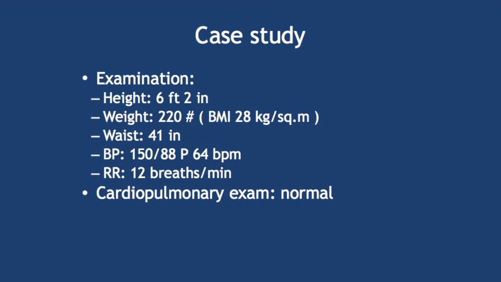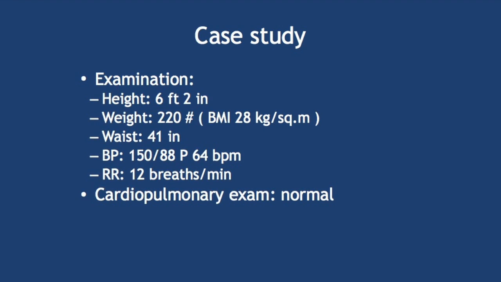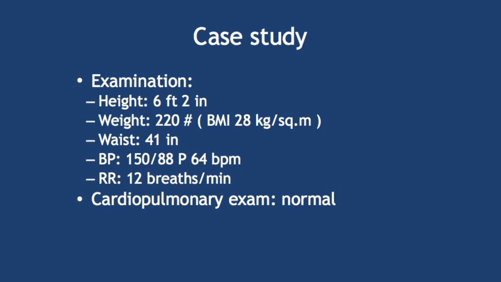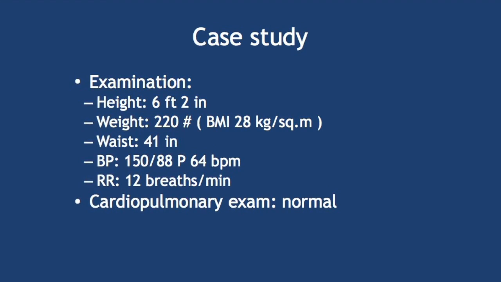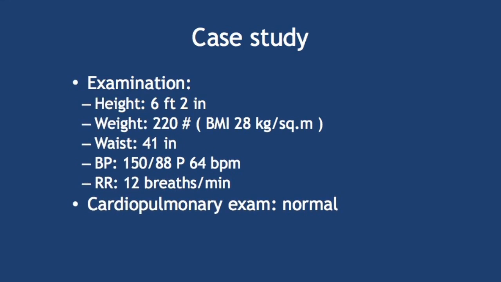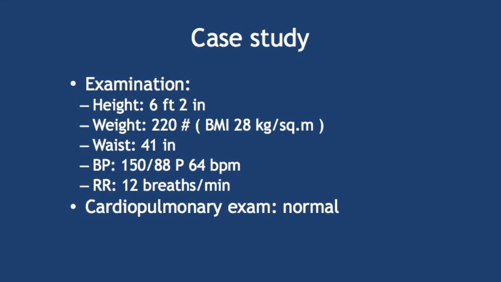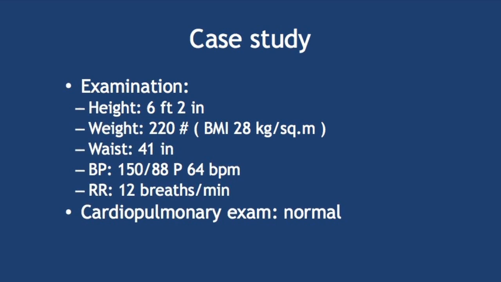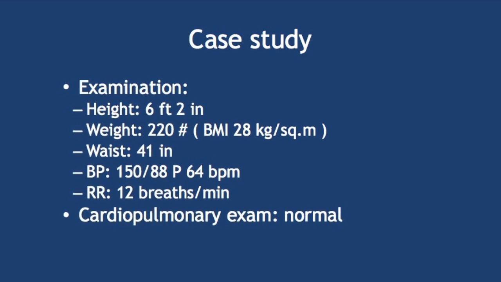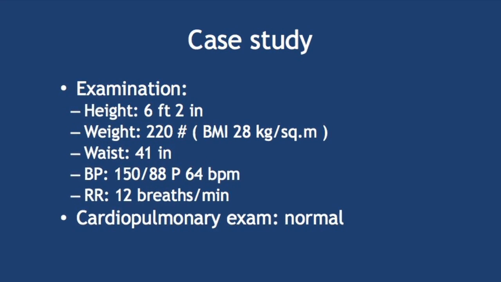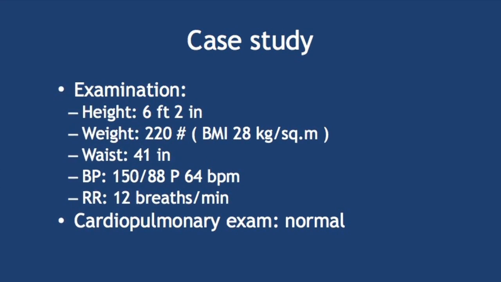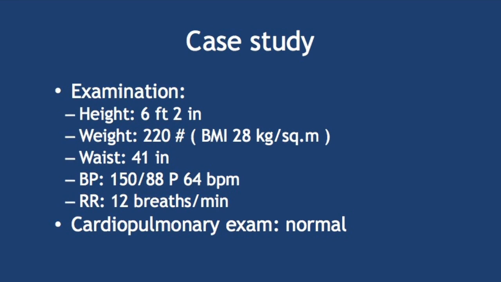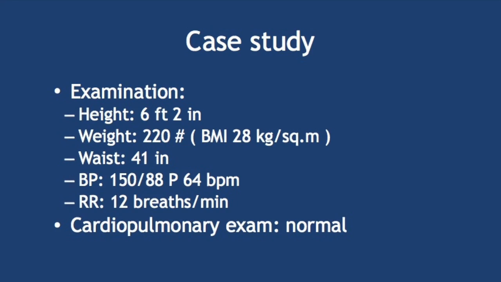On physical examination, he was 6 feet 2 inches and 220 pounds. His waist size was 41 inches. Blood pressure 150/88. His pulse rate was 64, respiration rate 12 per minute, and the cardiopulmonary exam was normal.